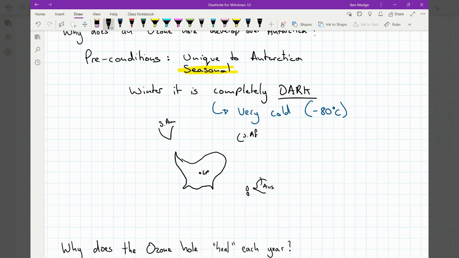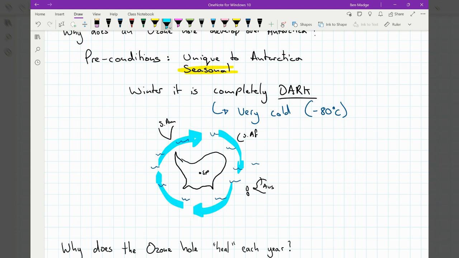All around Antarctica is ocean. This means there are no mountains to get in the way of wind, so we find that there is quite a strong what's called polar vortex that rotates around Antarctica.